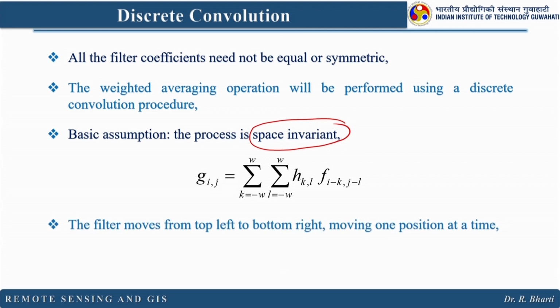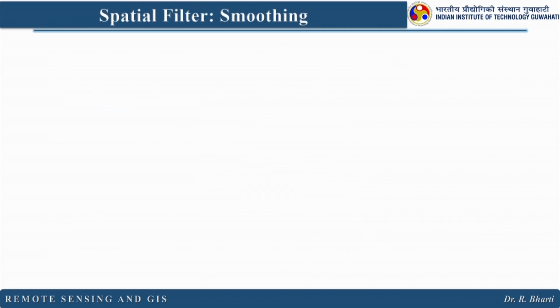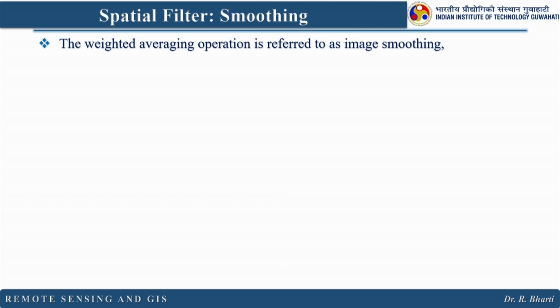The filter moves from top left to bottom right, moving one position at a time. For each position of the filter, an output value is computed. So, here we are assuming that this process is space invariant and it is going to apply on this particular image. So, in case of smoothing, the weighted averaging operation is referred to as image smoothing.